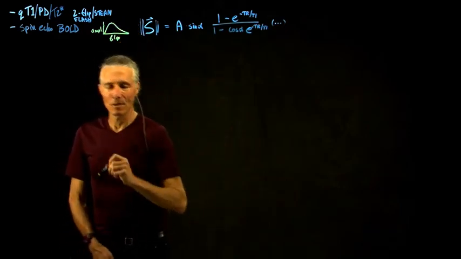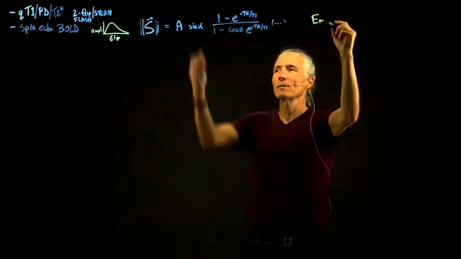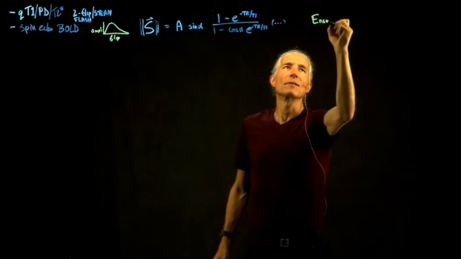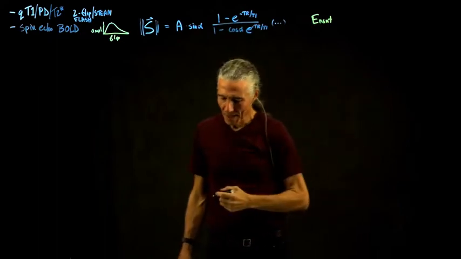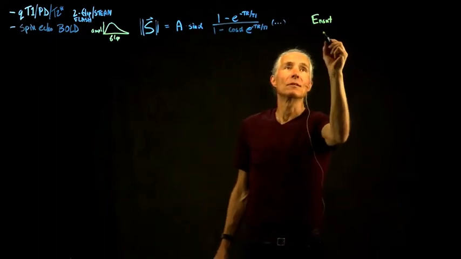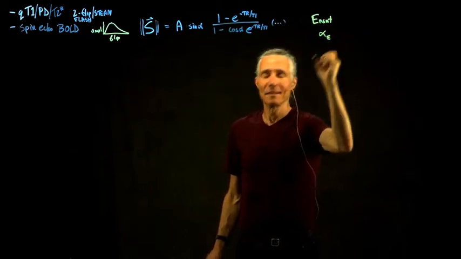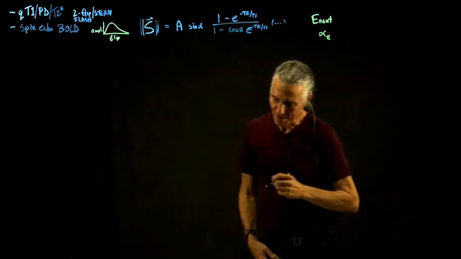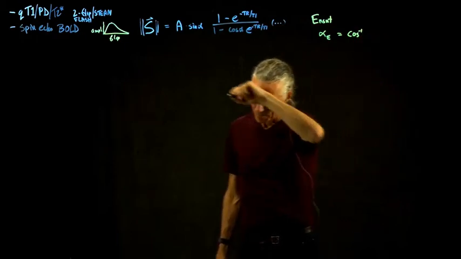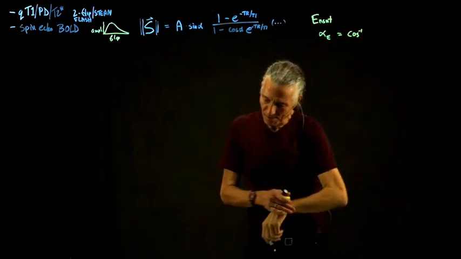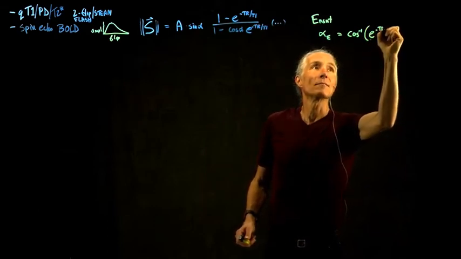If you solve this and find the max of it, the Ernst angle is equal to the inverse cosine, arc cosine, of e to the minus TR over T1.